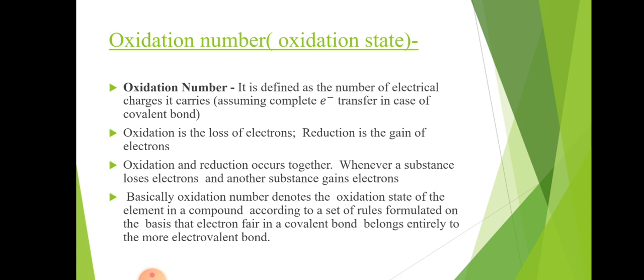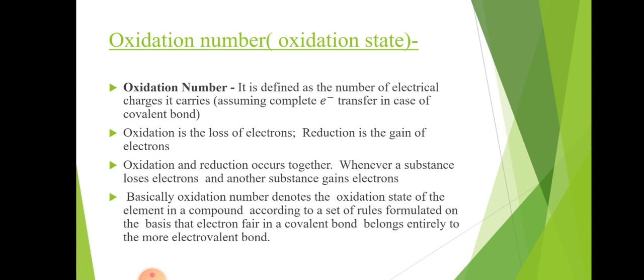Or second definition, the number which represents a real or apparent positive or negative charge which an atom of an element appears to possess in its combined state is known as the oxidation number.